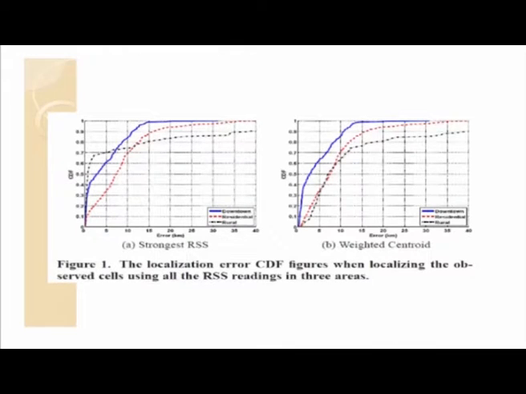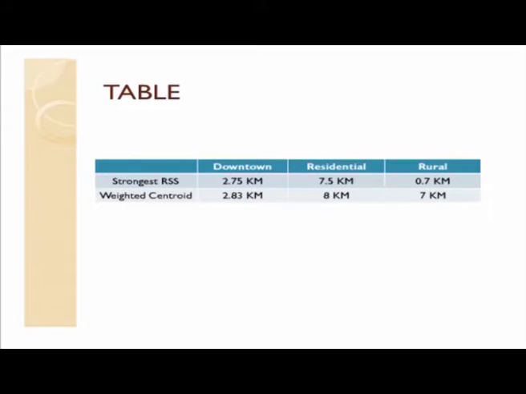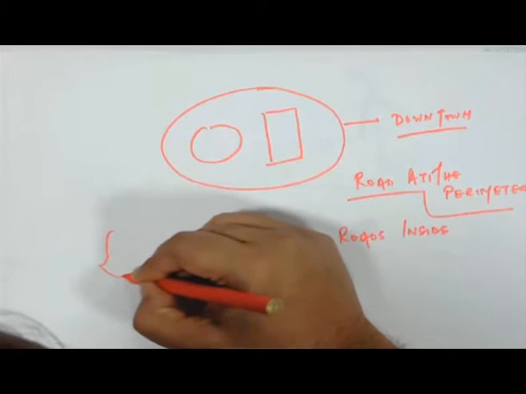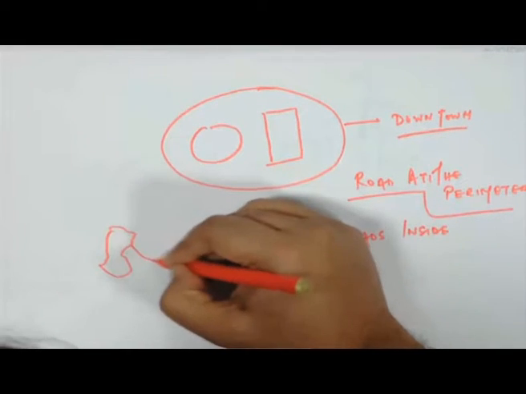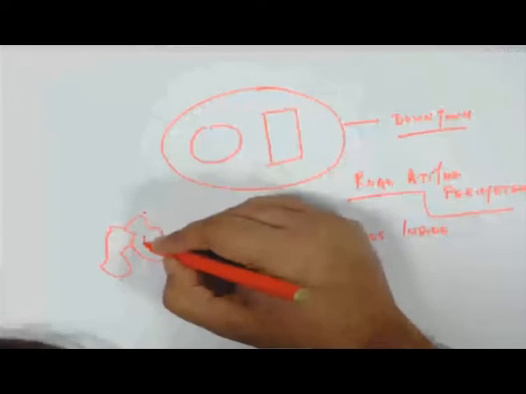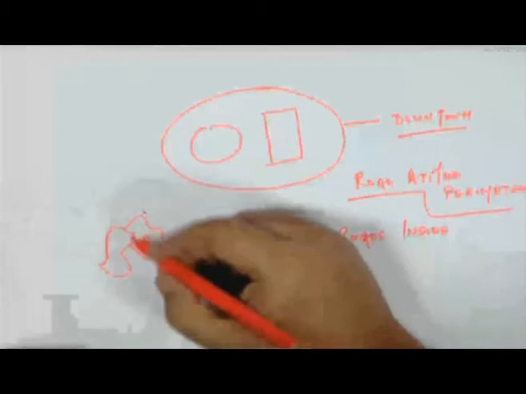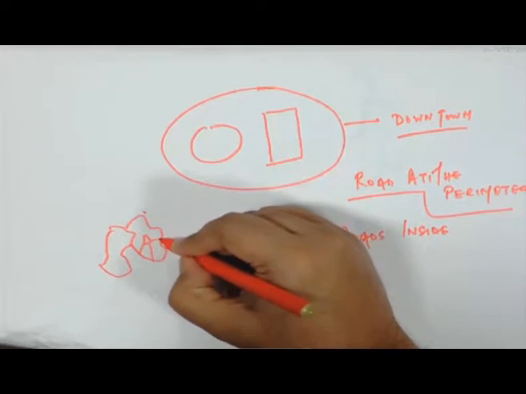So see, I will show you this picture and go back and ask one more time: why would weighted centroid work better in downtown rather than in the other areas? Because what happens, you see, a downtown has various small alleys and various roads around it. So if a cell tower is in the middle, then you will get many strong signals.